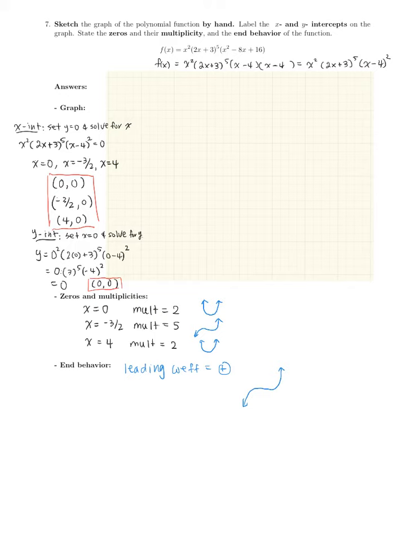All right, but in any case, let's take a look at this. Now, you can conclude the end behavior when you're done graphing it out. So I'll just wait till we graph this out, we sketch this out a little bit. Okay, so let me just try to graph this.